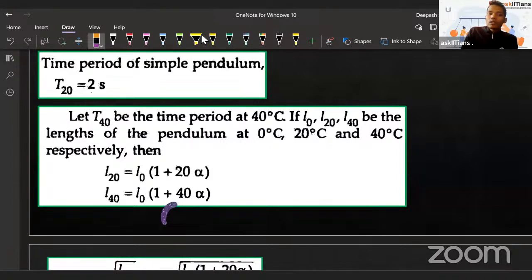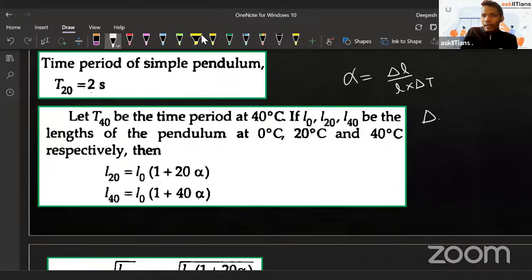It is actually the same formula coming in a different way. That is, alpha is equal to change in length by original length into change in temperature. So the same formula is written over here like this: delta L will be alpha into L into delta T. Delta L means L40 minus L0, equal to how much?